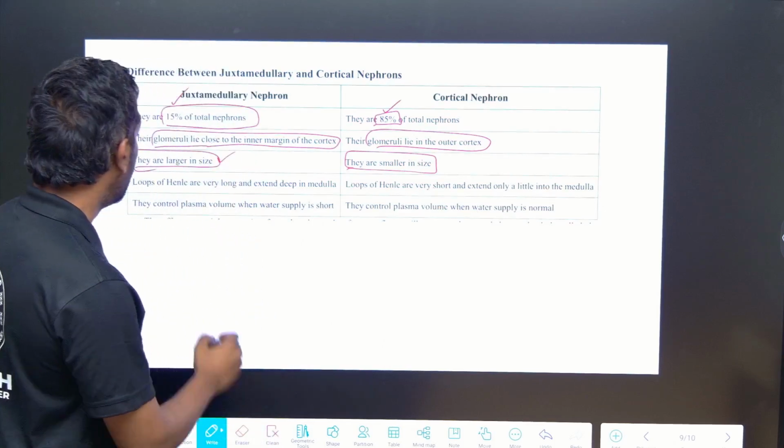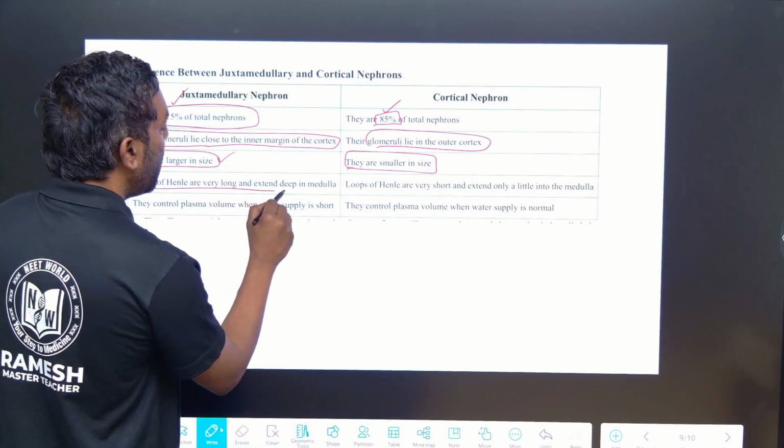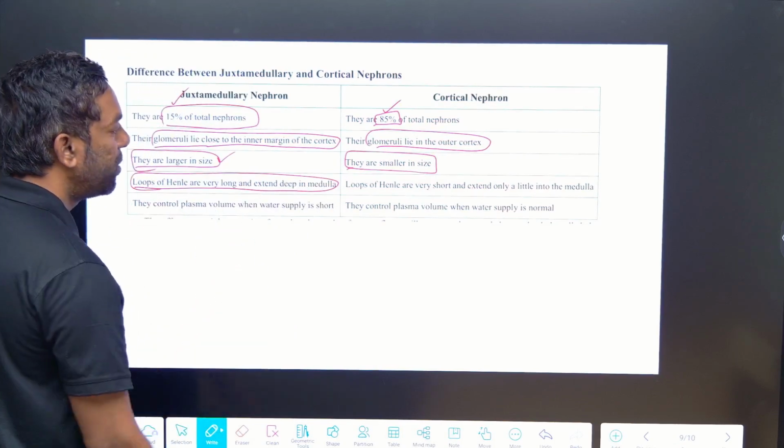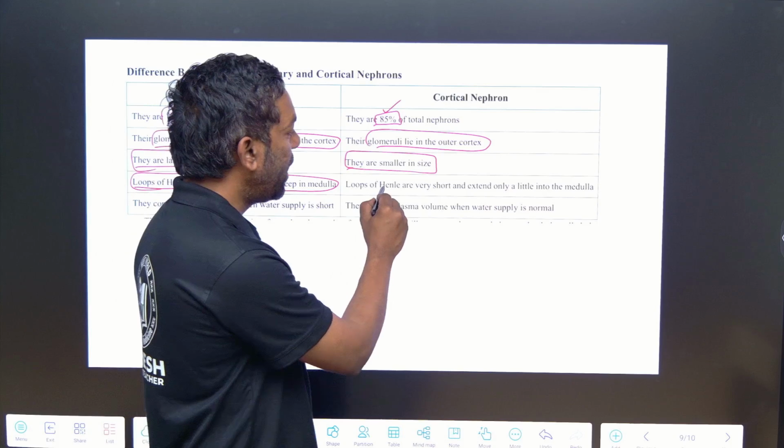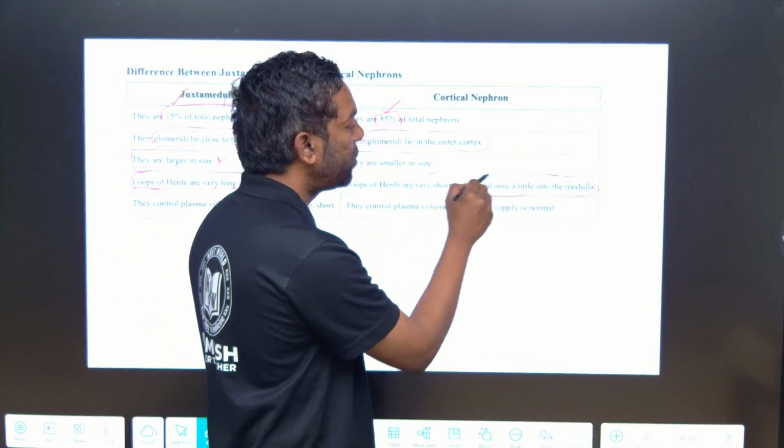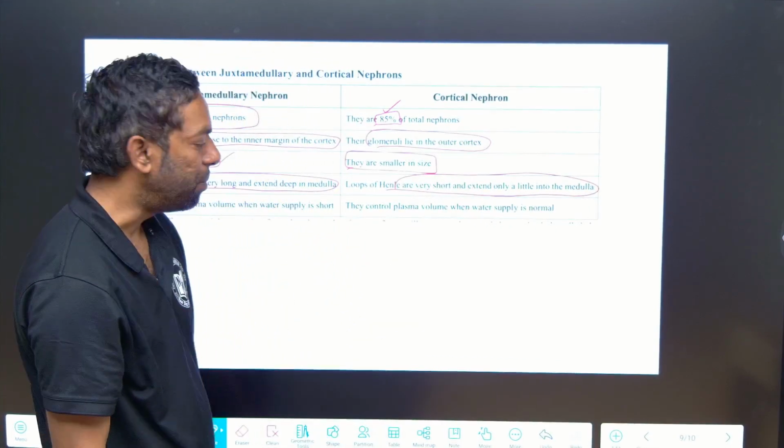The loop of Henle is very long and extends into the deep medulla in juxtamedullary nephrons. In cortical nephrons the Henle loop is very short and goes only a little into the medulla.